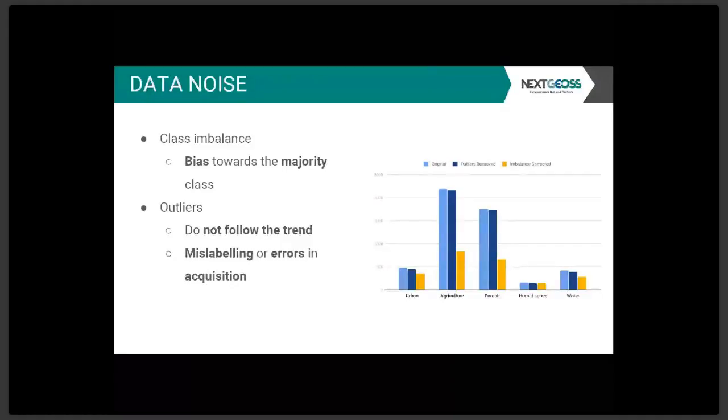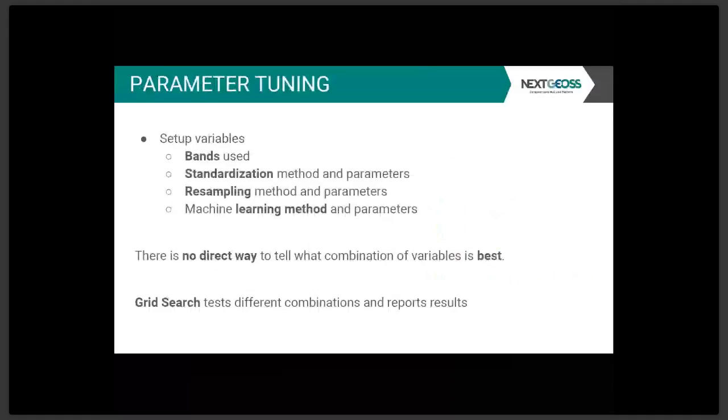And you can see that this process I've described has many variables. So what indices to use, what standardization method to use, what resampling method to use, what machine learning method to use, and all of these methods also have parameters. And unfortunately, there is no direct way to tell what combination is best.